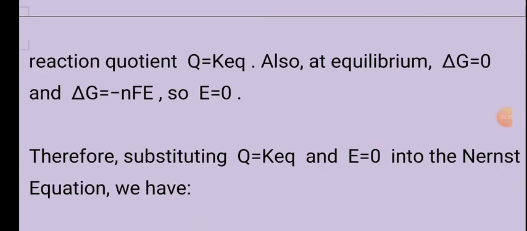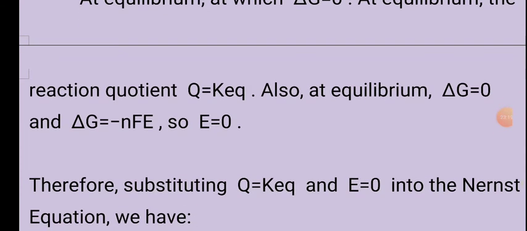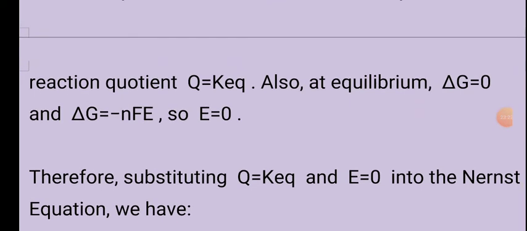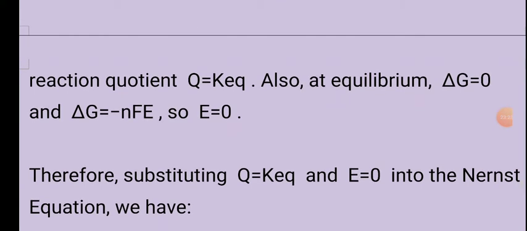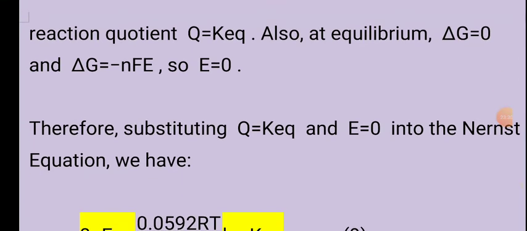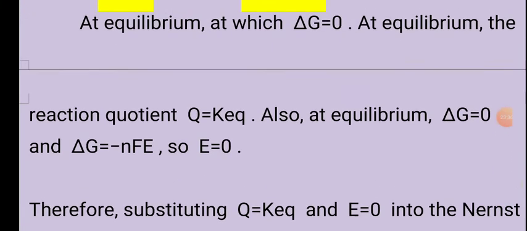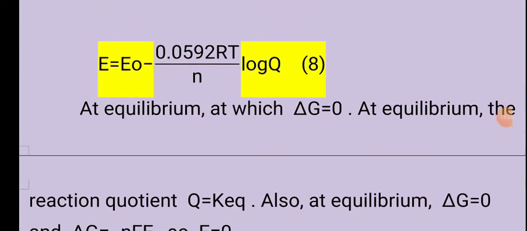So now for an equilibrium, Q is equal to K equilibrium. Here ΔG is equal to 0, because at equilibrium the Gibbs free energy change will be 0. So ΔG is equal to minus nFE, so E equal to 0.